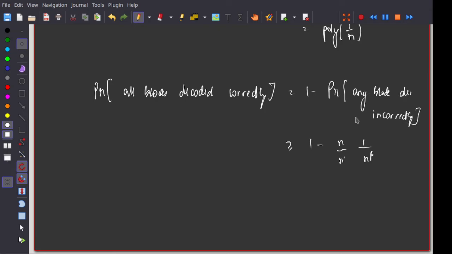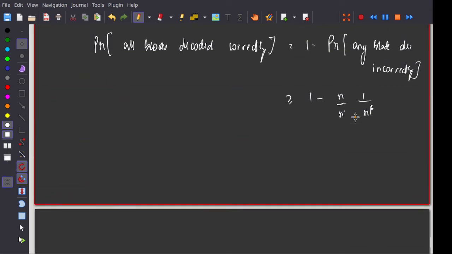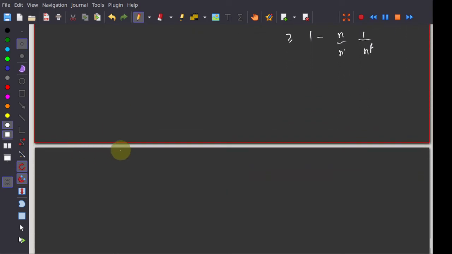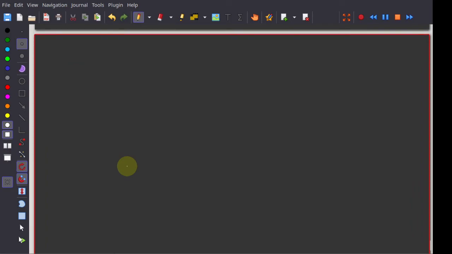But the problem now is that I have too many blocks, which may be a lot. So this is where Reed-Solomon codes all of a sudden are helpful. So I'll do the following.